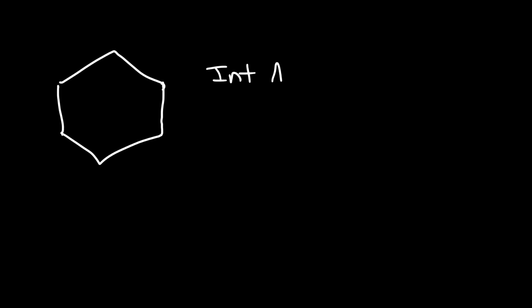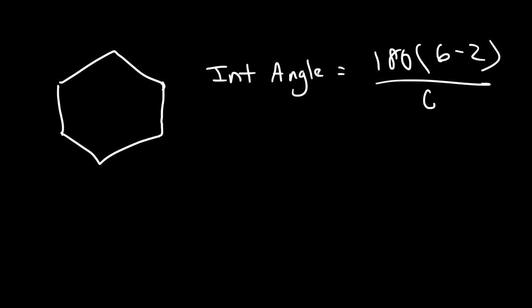So let's work out another example. Let's say we have a regular hexagon. Calculate the measure of each interior angle in this figure. So each interior angle is going to equal 180 times n minus 2, but we have a 6-sided figure, divided by n.